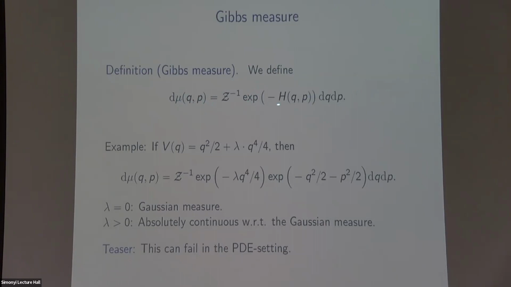Then I have this exponential factor containing the negative of the Hamiltonian, and I have the Lebesgue measure in both Q and P. At least for the potential energies that we care about, it's clear this is a nice, well-defined probability measure. I can take my form of the potential energy and insert it here, and the only other thing I did is factor the exponential into 2 separate terms: one term has the quartic part and one term has the quadratic parts.